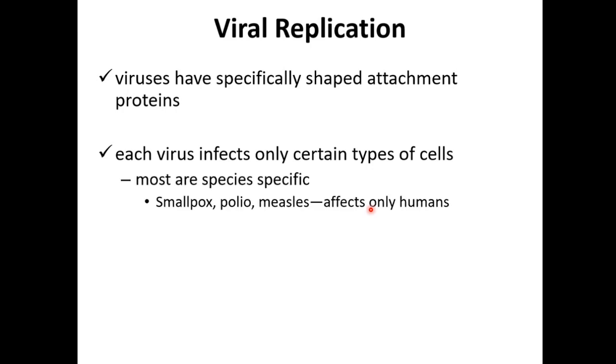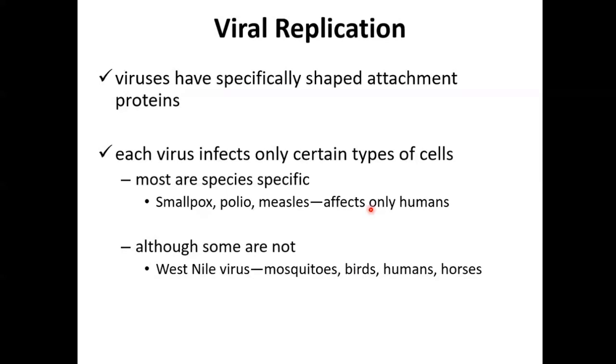Most virus, of course, are species specific, like smallpox is for human, polio, same, measles affect only human. Some other viruses can infect many other hosts, like West Nile virus, which can also infect mosquitoes, bats, human hosts, and other hosts.